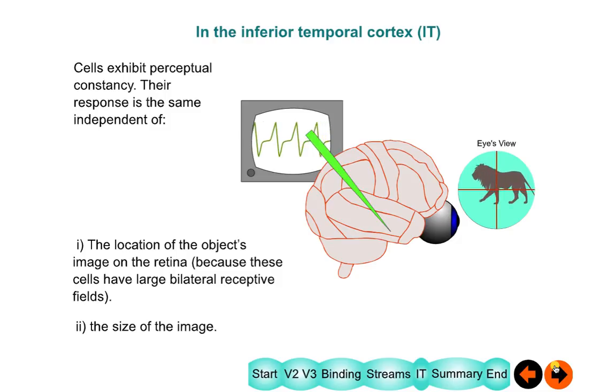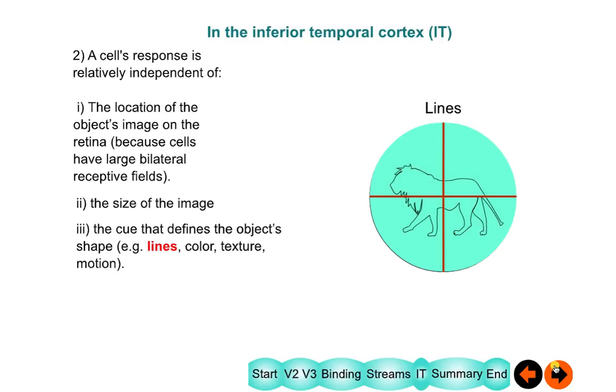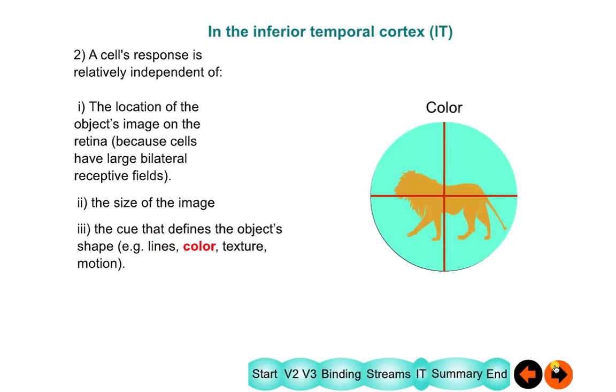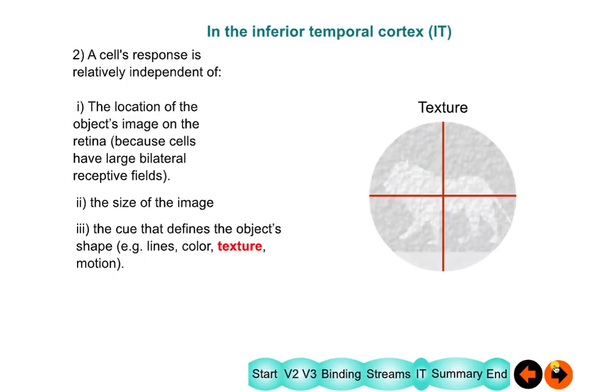And the size doesn't matter, so you can recognize this object as a lion no matter what size you have. You can also, it doesn't matter how it's defined. You can recognize the lion here if it's by its lines, by its color, by its texture.